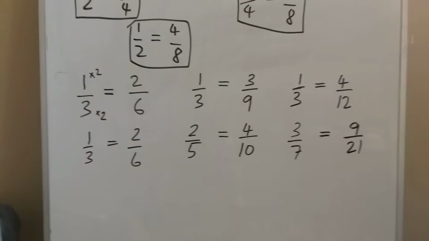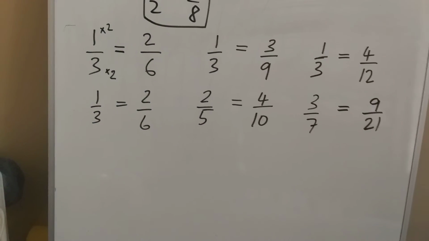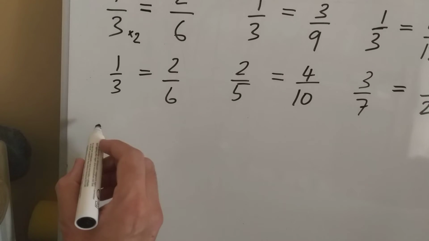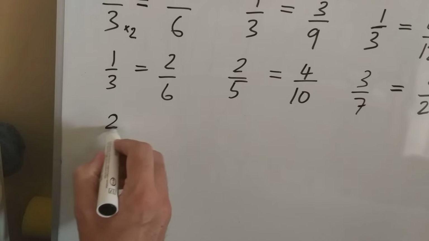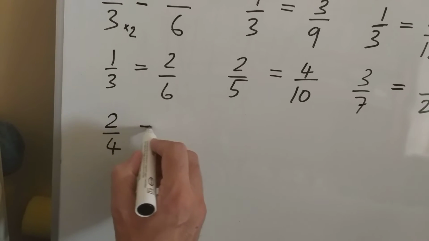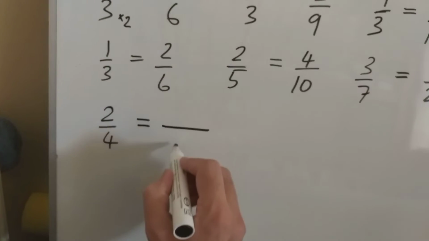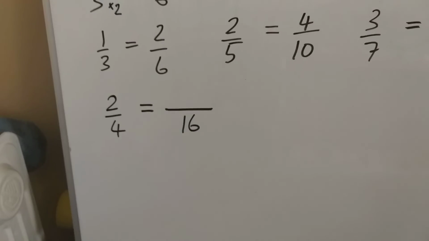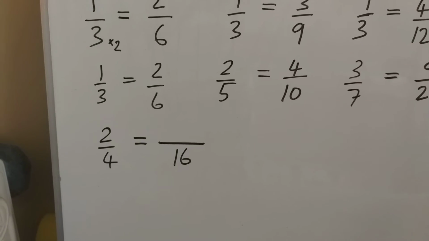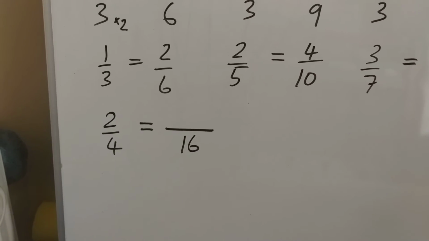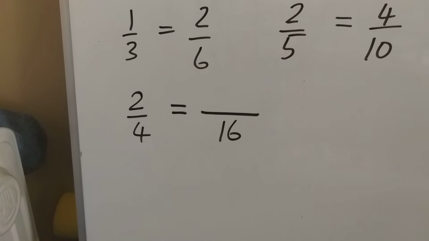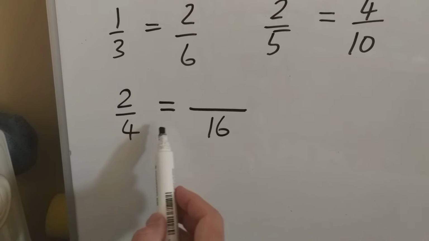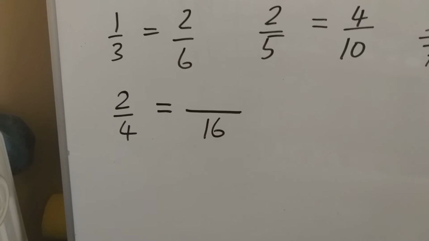You might also get questions where you have to find the missing number. For example, if you're given 2 quarters is equal to something over 16. So what is the missing number over here? Now in this kind of situation, we have to find the multiplier. 4 multiplied by what gave us 16?